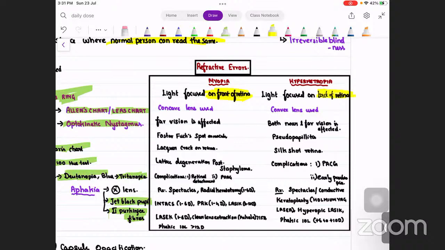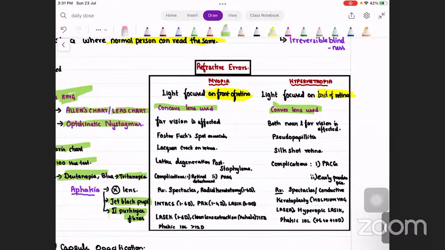Light focused behind the retina is hypermetropia. A concave lens is used in myopia, and a convex lens is used in hypermetropia.